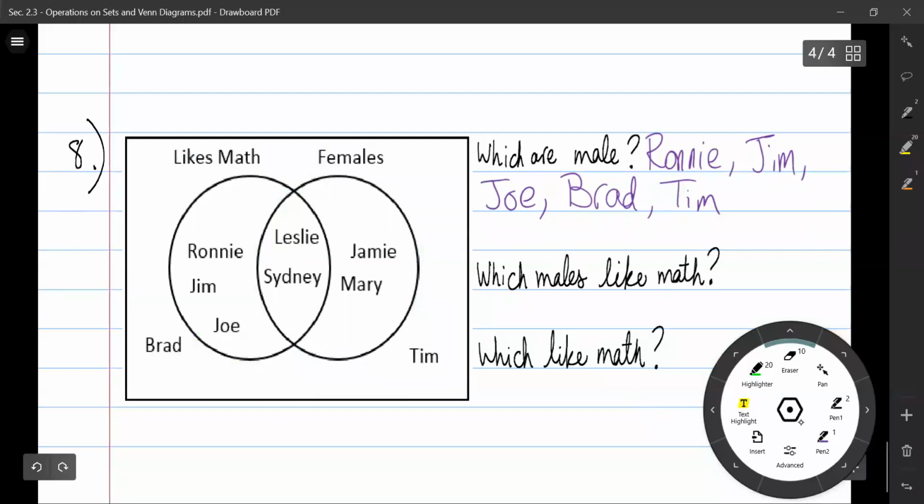And then which of these people are males who like math? Okay, so males that like math, they have to be inside the like math circle, but outside the female circle. So that would be Ronnie, Jim, and Joe.